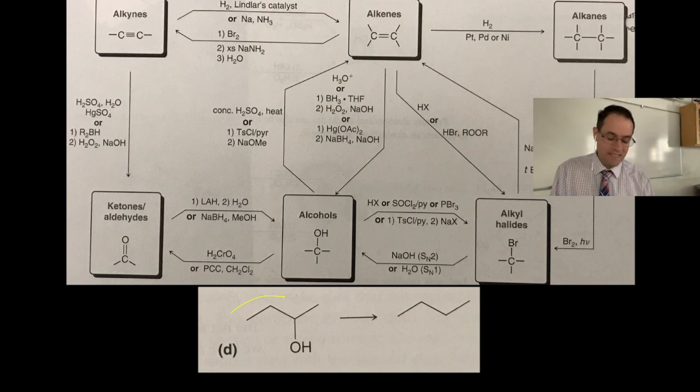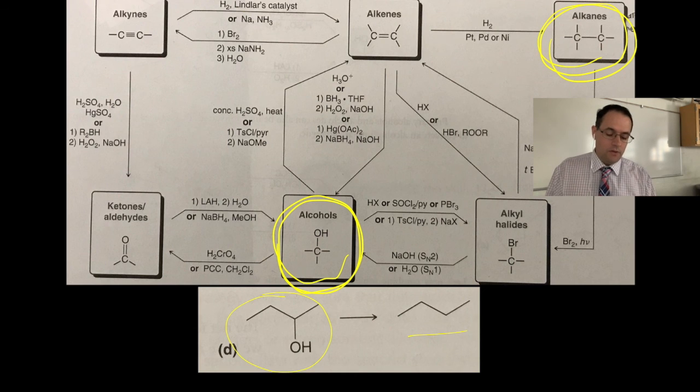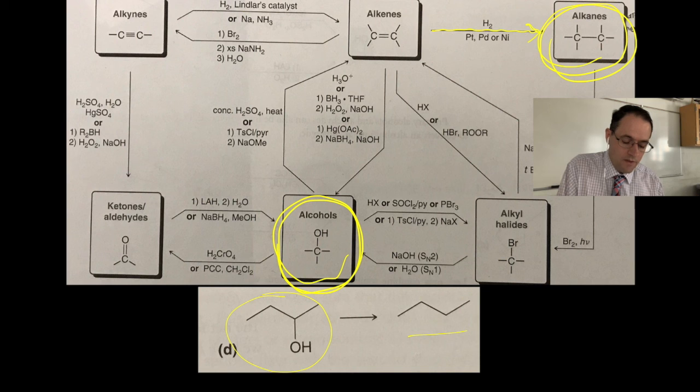This next problem, D, we're going from an alcohol to just an alkane. So here's my alcohol, okay? And here's my alkane right here, all right? So if you look, there's really only one flight going in, and it comes in from the alkene.